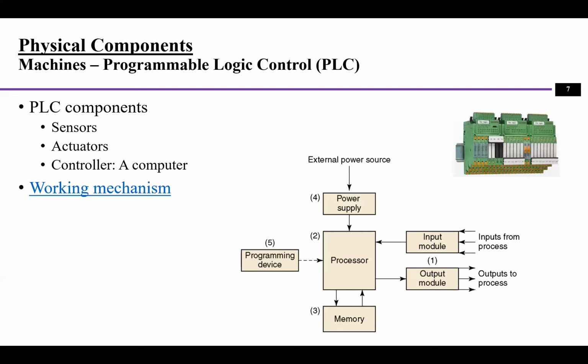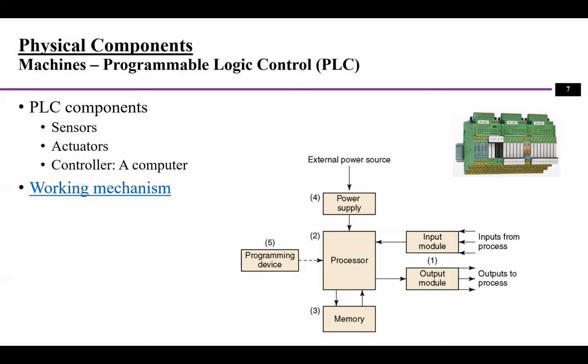Another type of automation device you may see is the PLC. The full name for PLC is programmable logic controller. What it does is use certain logic to control the automation. Let me give you an example. Say if I lift my left hand, the door will open, right?